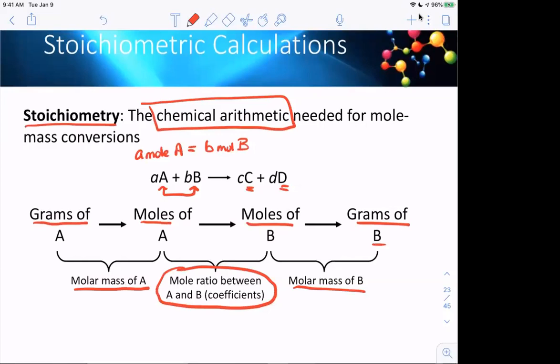I can't just throw things together in a lab and hope for the best. I need to calculate all of the amounts of the two reactants to get an effective reaction. And then I can calculate, based on these mole ratios, the amount of products that I can expect as well.